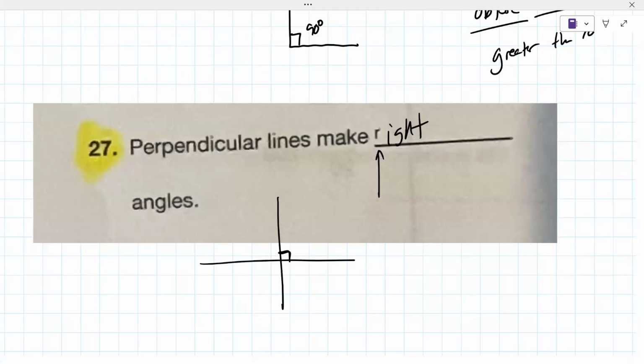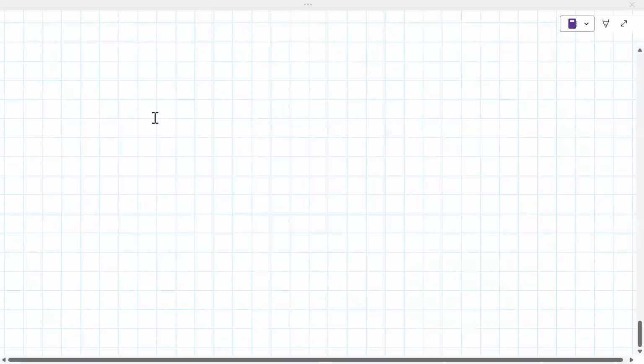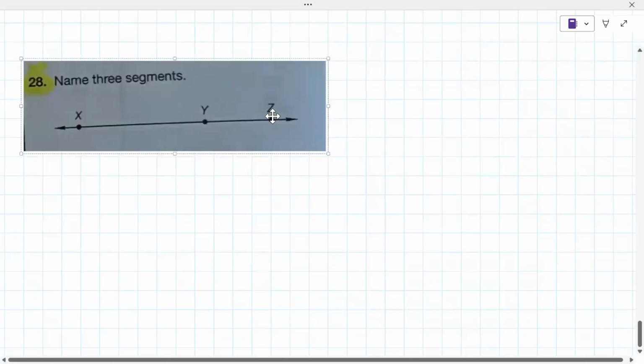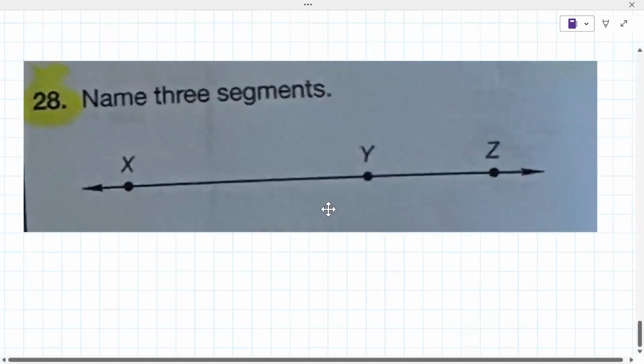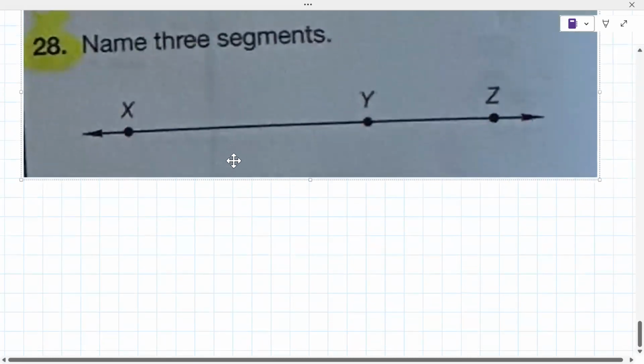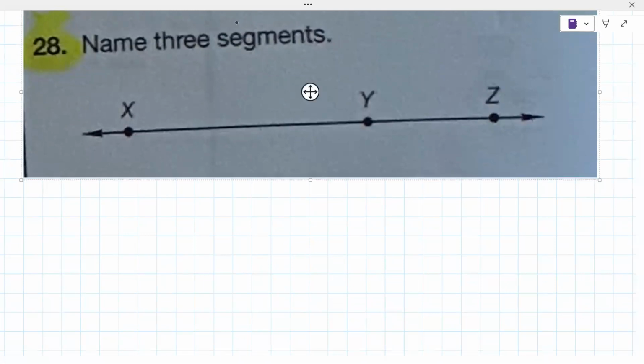Okay, number 28. So three segments. Can you name any segments that you see here? X is a point.